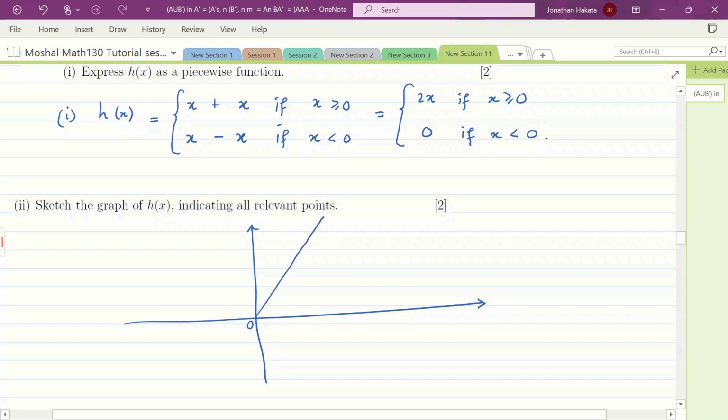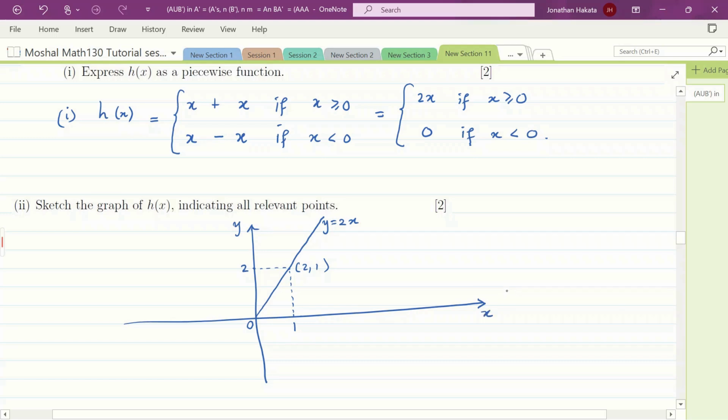It's a sketch, so you can just indicate a 1 here will give us a 2. Then this is y equal to 2x. And then maybe you can write the coordinates 1, 2. It's relevant. So that's y and that's x.